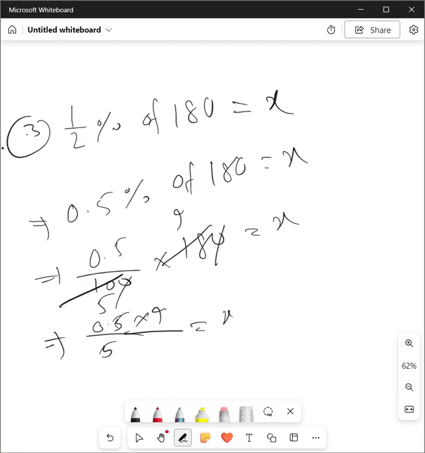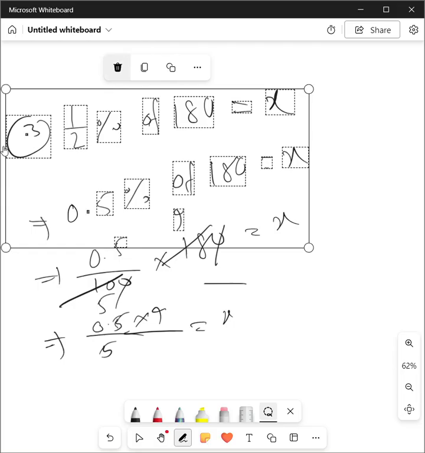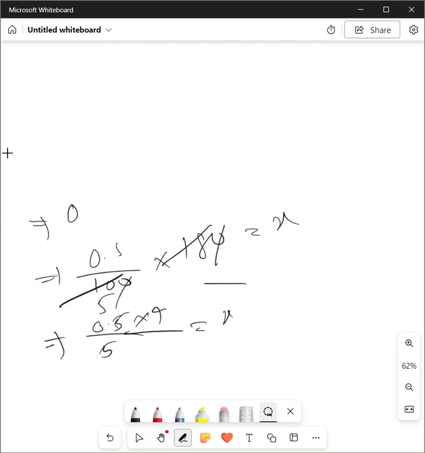Okay, that's a bit hard. We will erase the upper part. So what our value comes to, x is equal to 0.5 multiplied by 9 divided by 5.